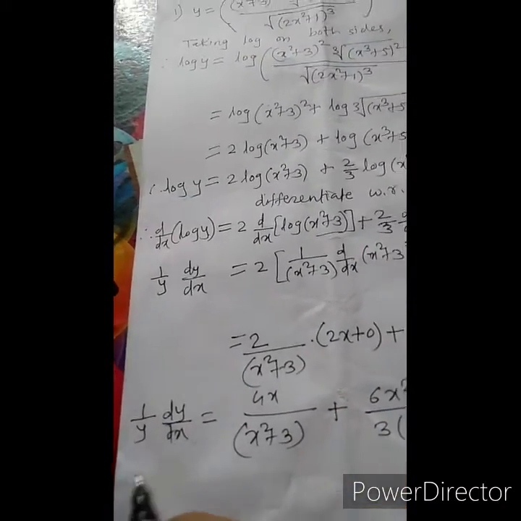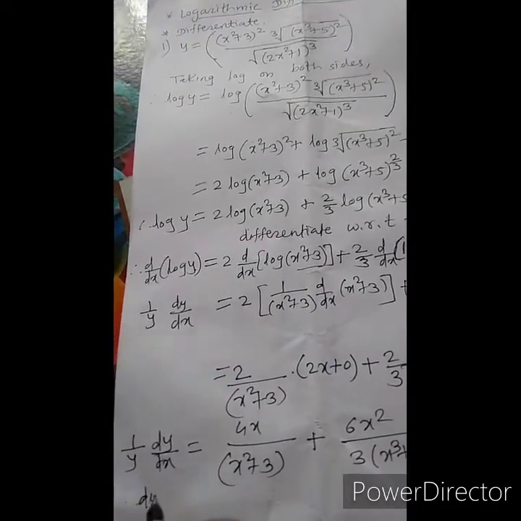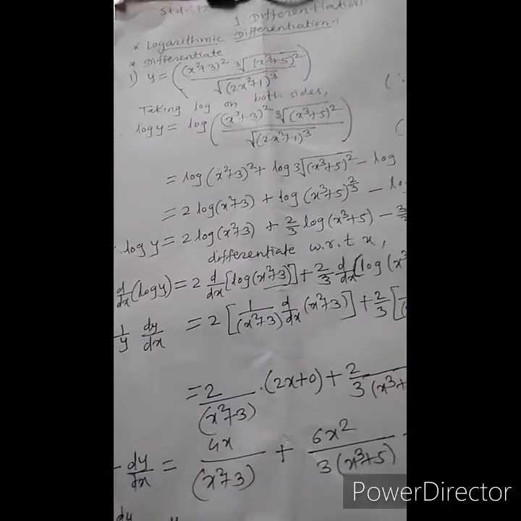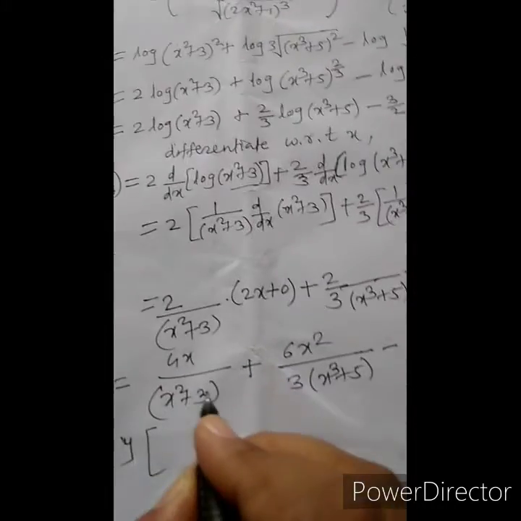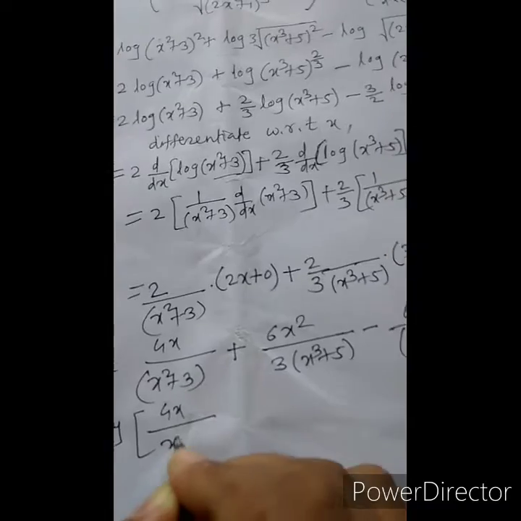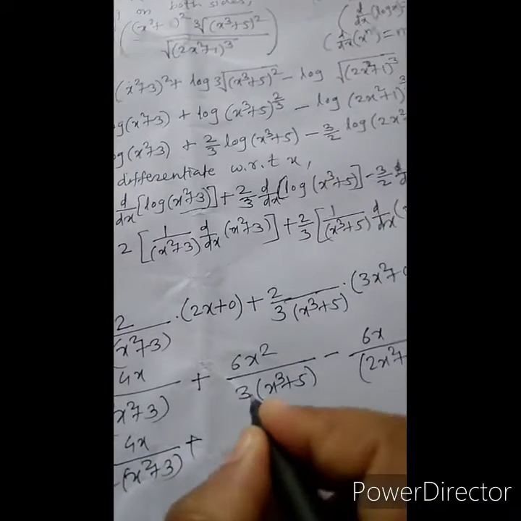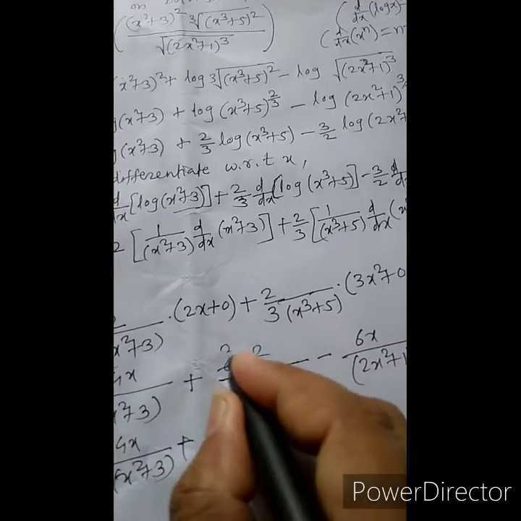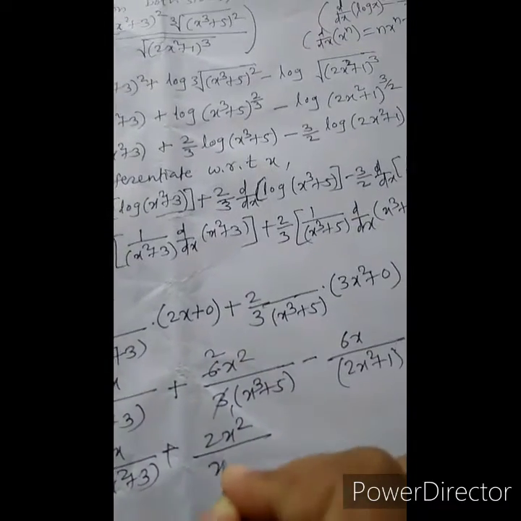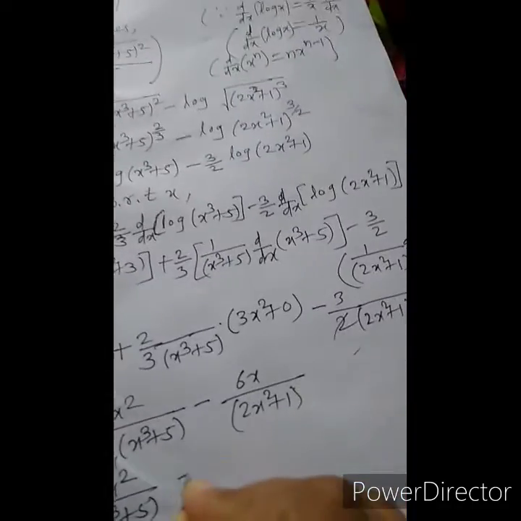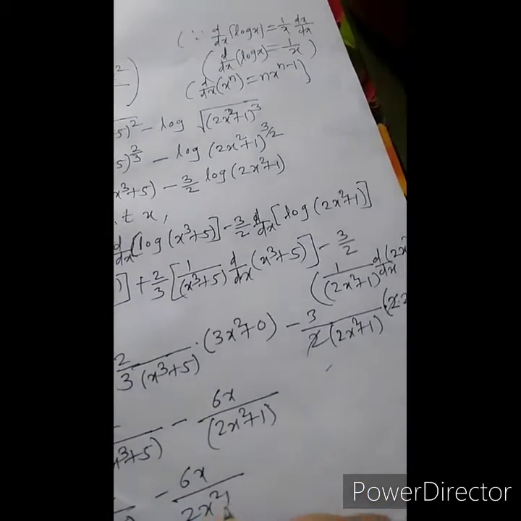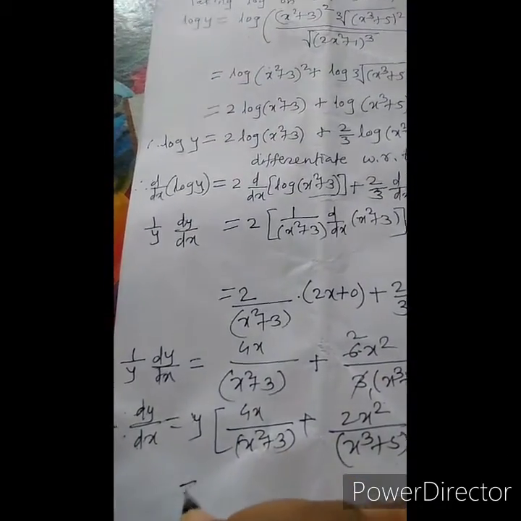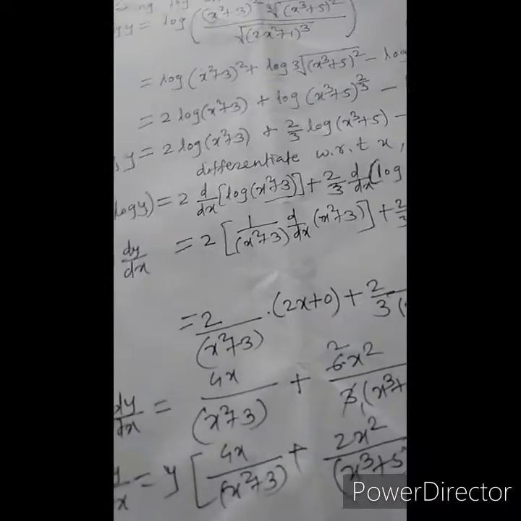Now here we can shift this y to the right hand side, therefore dy by dx is equal to y times 4x upon x square plus 3, plus here we can simplify, 3 1s are 3, 3 2s are 6, so 2x square upon x cube plus 5, and minus 6x upon 2x square plus 1. Now here we can put the value of y, and see by equation 1 we will get the value of y.